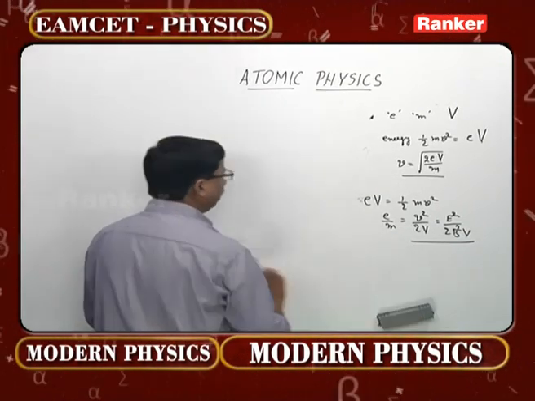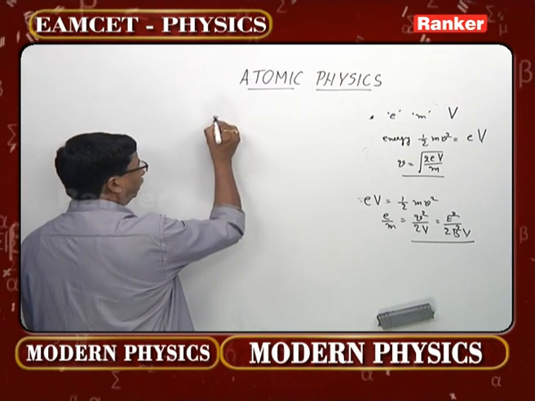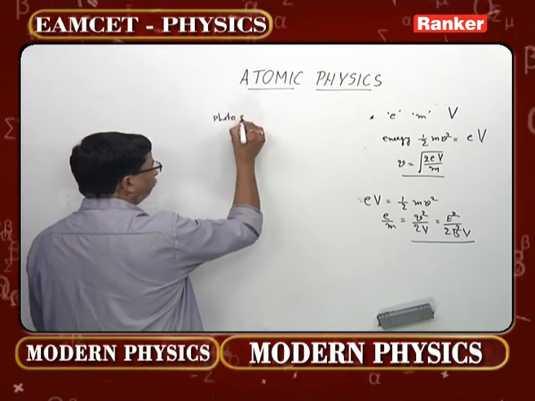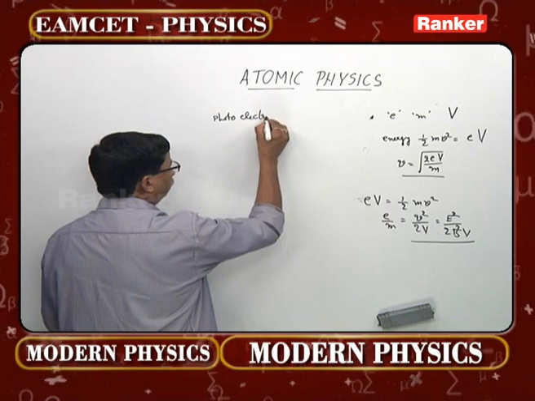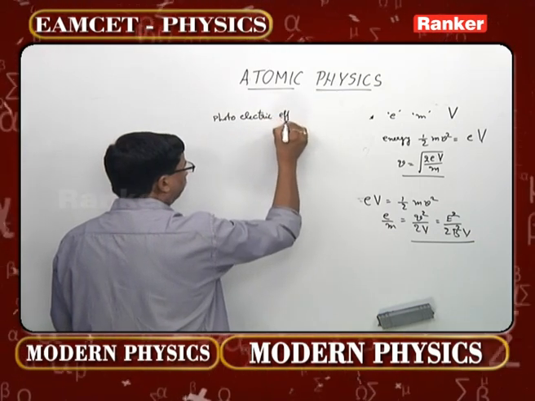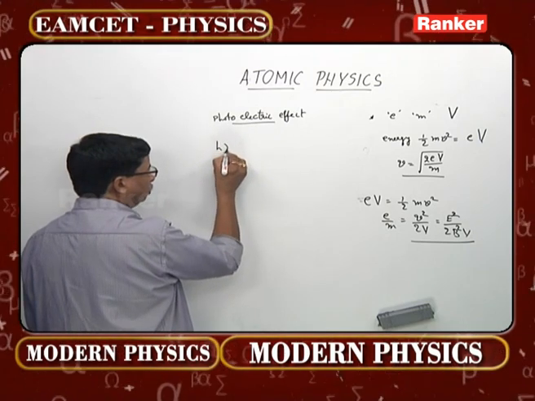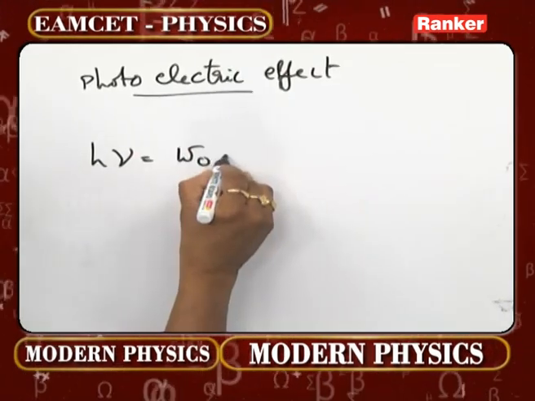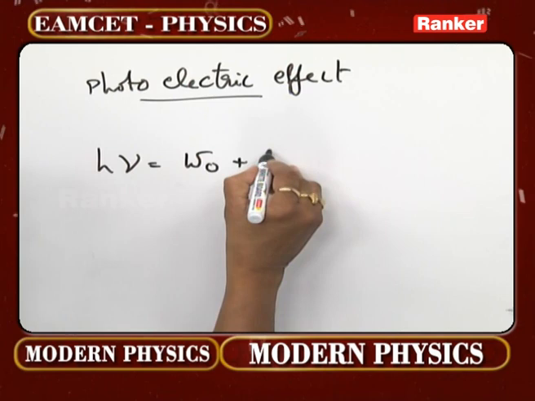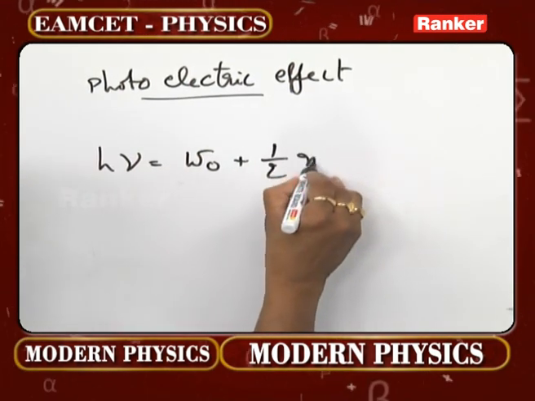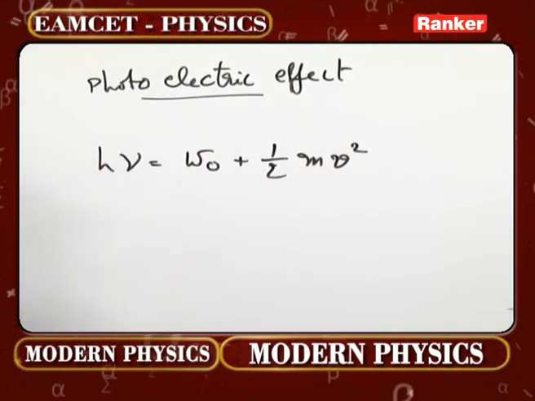And coming to the second one, that is regarding photoelectric effect. When we consider this photoelectric effect, the major formula is only one, that is h nu is equal to W naught plus half mv square, that is actually the kinetic energy of the emitted photoelectron.